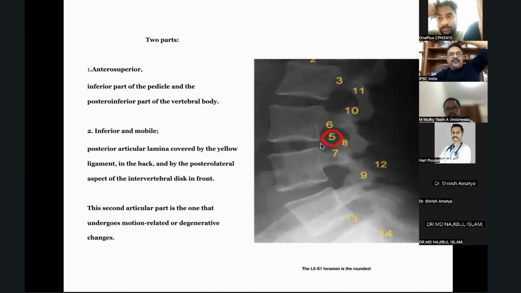And the lower part is basically the mobile part, which is bounded by the facet joints posteriorly and anteriorly by the disc over here, and this is the superior articular notch. So we basically divide it into two parts: the mobile part and the fixed part. Fortunately, this nerve root lies in the fixed part, and most of the degenerative processes happen in the lower part of the foramen, whether it is facet hypertrophy or a disc herniation. All these are happening in the lower part of the foramen.